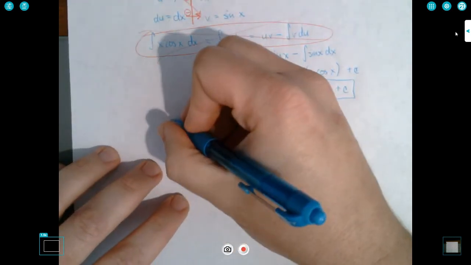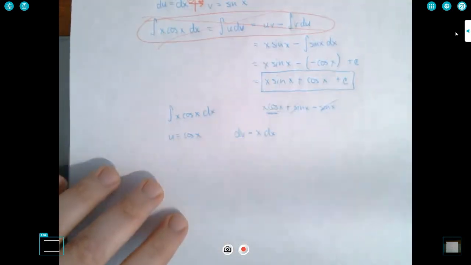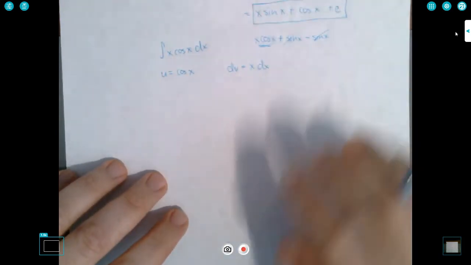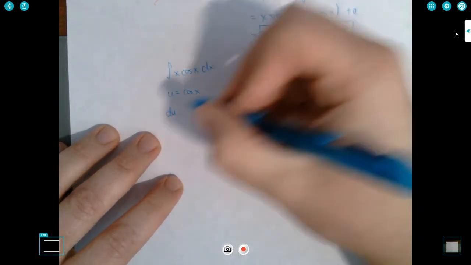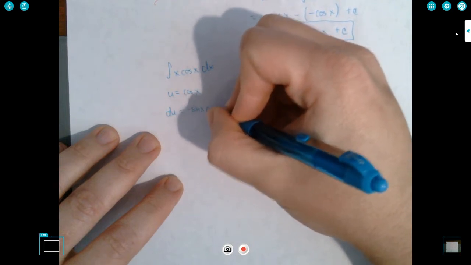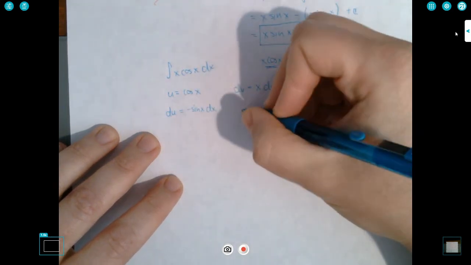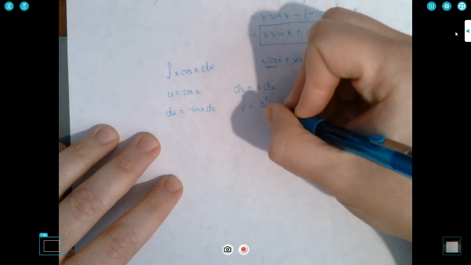And remember, this is what we're dealing with to begin with. Okay, so if we do things the other way around, we can still differentiate this. du is going to be negative sine x dx, and then v is going to be x squared over 2, right?